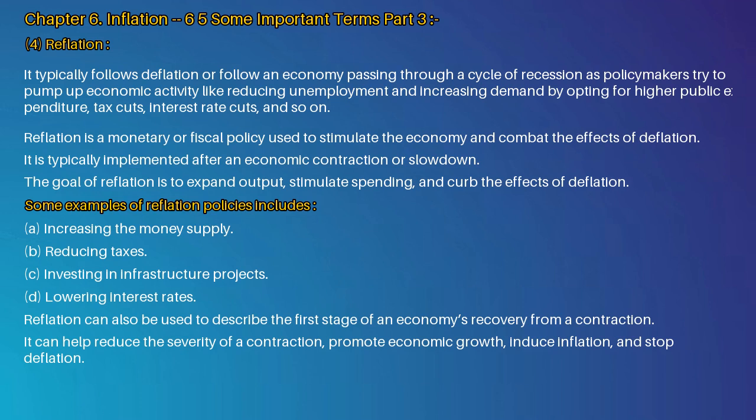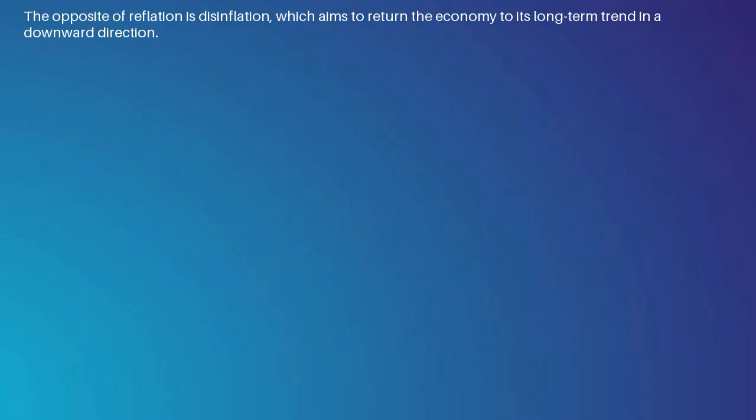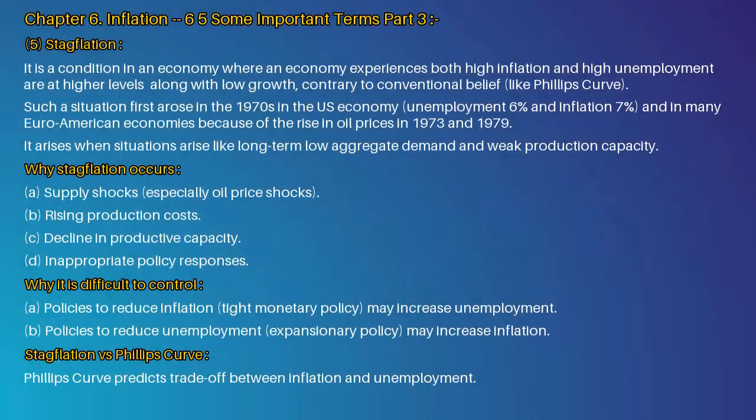It can help reduce the severity of a contraction, promote economic growth, induce inflation, and stop deflation. The opposite of reflation is disinflation, which aims to return the economy to its long-term trend in a downward direction. Now let's discuss another term, stagflation.